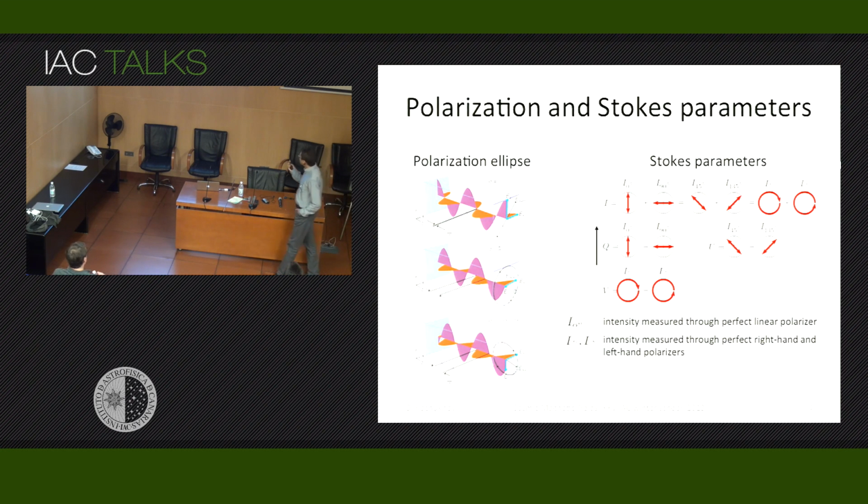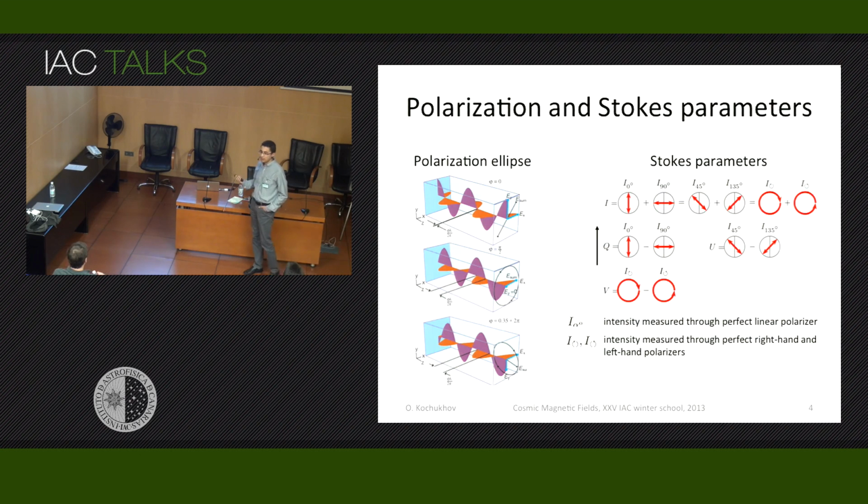But in practice, the way the Stokes parameters are defined, there are various approaches. One can use the so-called Poincare sphere and other things, but in observational stellar magnetometry, and I think solar magnetometry as well, this so-called operational definition is very popular. So what it says is basically, let's imagine that we have certain ideal polarizers, okay?